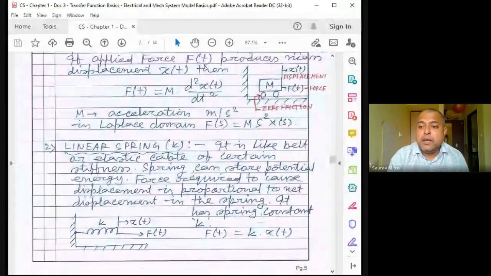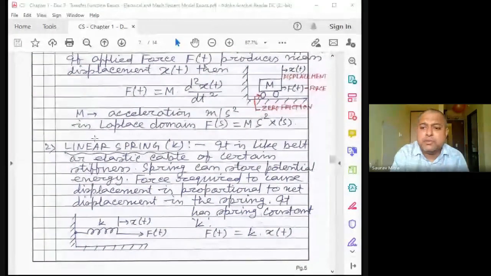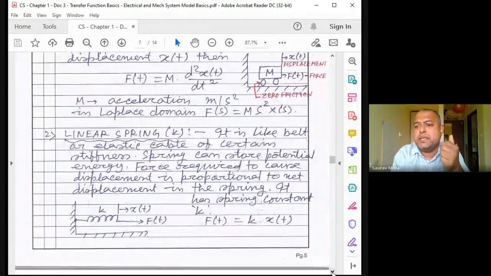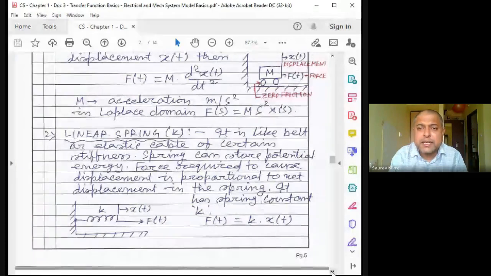What is a spring? We have all seen a spring inside our pen. In the pen you are using now you don't see a spring, but the previous push button pens had a spring inside. Or you can see the shock absorber of your vehicle, be it a car, scooter or bike.